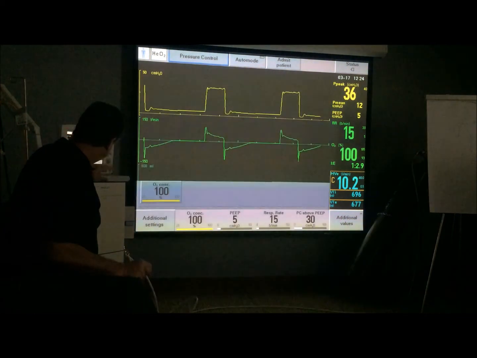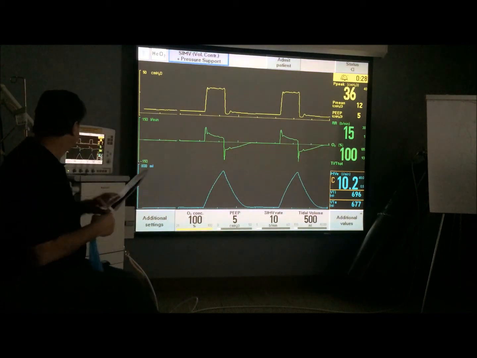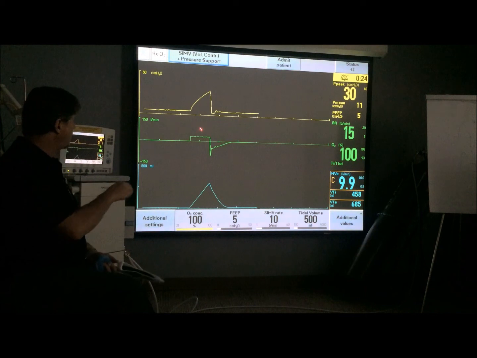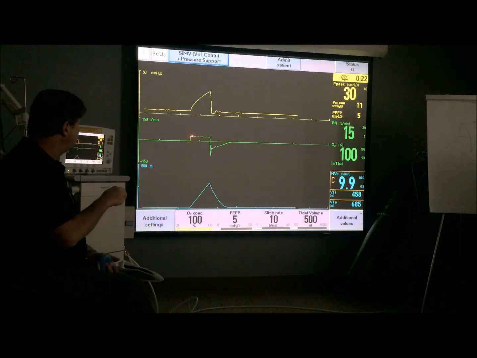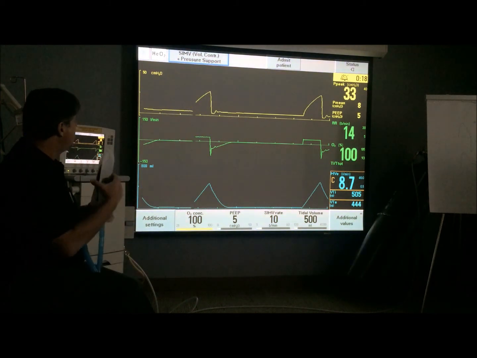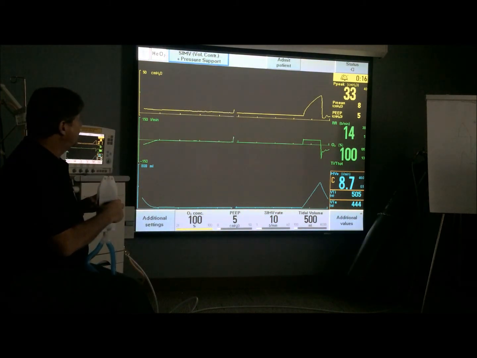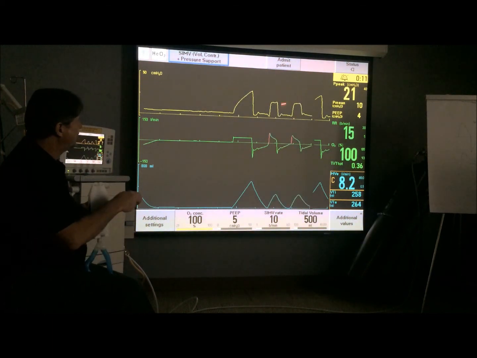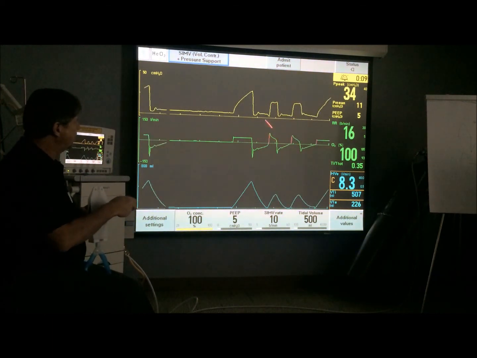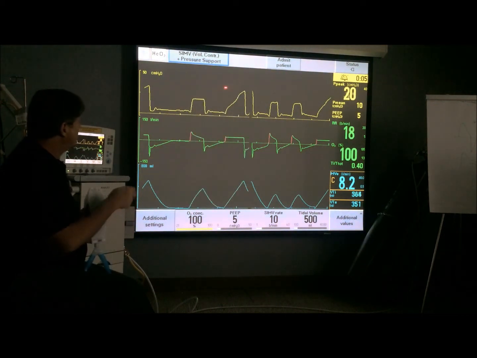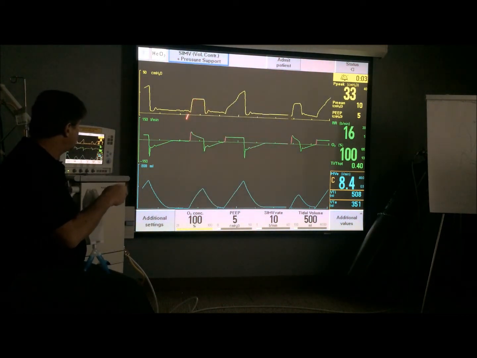So here we see there's our constant flow again, back to 30 liters per minute for 1 second, delivering our 500 cc's. But in between those breaths, there's my constant pressure and my decelerating flow. In this case, my constant pressure in pressure support is set at a certain value.